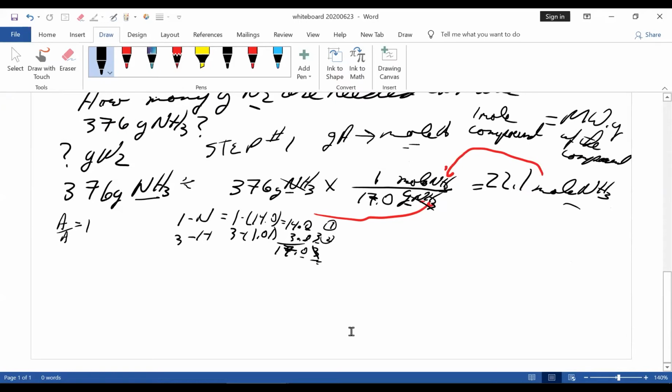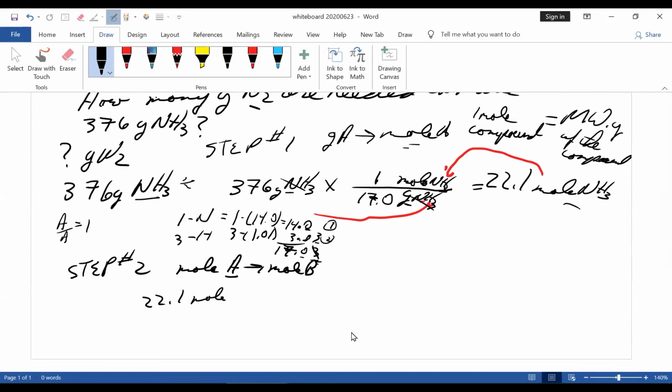And now it's time for step number 2. That's moles of A to moles of B, where A is what you just figured, 22.1 moles of ammonia. What are we trying to get to?